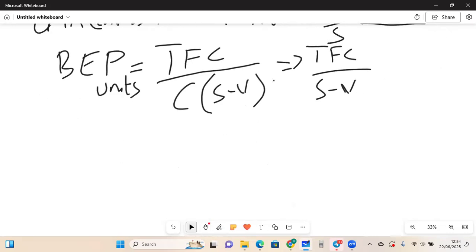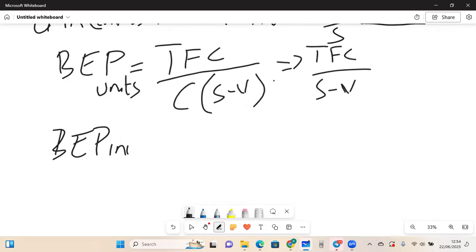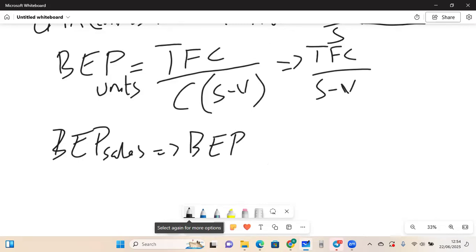Now, this is in units. If you want BEP in value, or let's say in sales, you can multiply the BEP in units, the one you calculated up there, times the number of units sold.